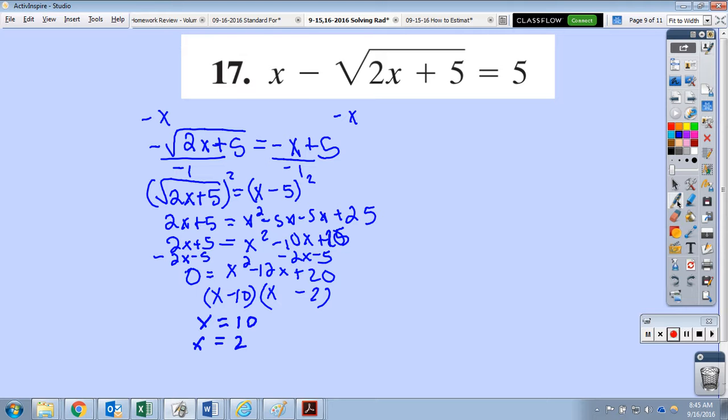So she divided both sides by negative 1. What's another way you could have done that? Instead of dividing by negative 1, you could multiply by negative 1. It doesn't matter which way you think of it. That would make this positive root 2x plus 5.